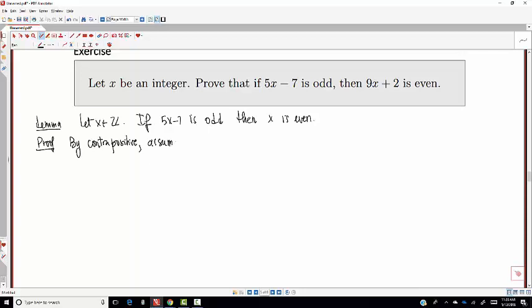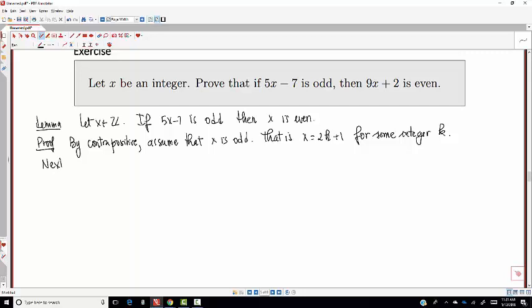By contrapositive, let us assume that x is odd. That is, x can be written as 2k plus 1 for some integer k.